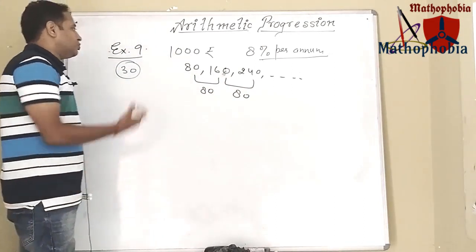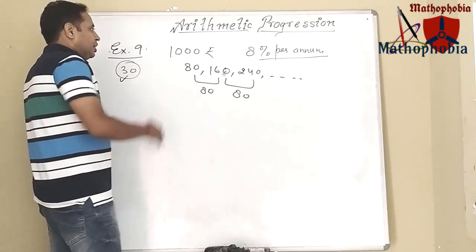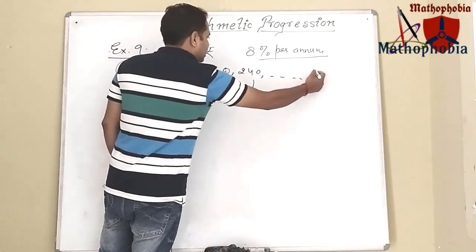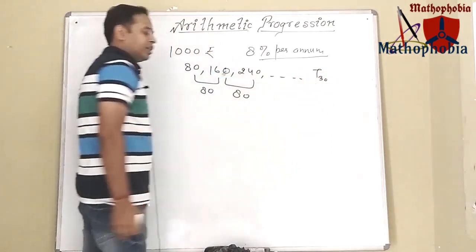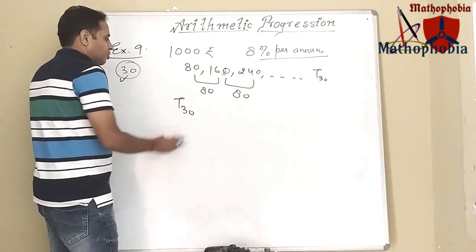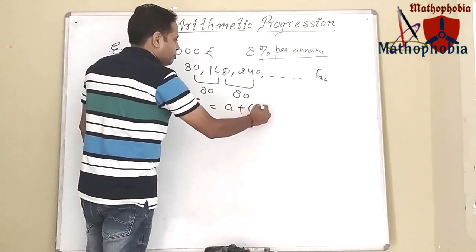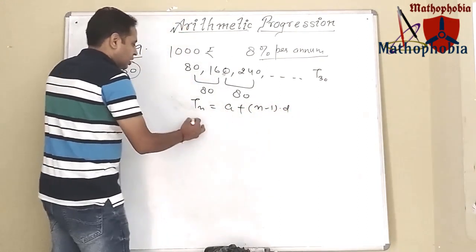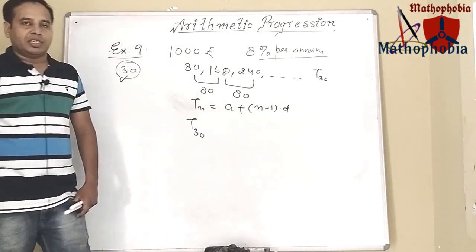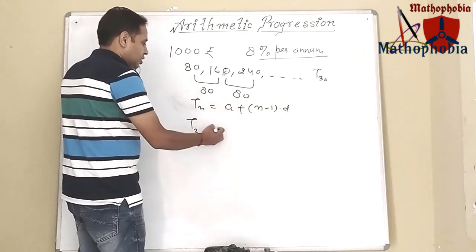Now we need to find out what will be the interest at the end of 30 years. It means that we need to find out the 30th term of this sequence. So T30, what is the formula to find out the nth term? Tn equals a plus n minus 1 into d. What will be the value of n? It will be 30 because we need to find out the simple interest at the end of 30 years.